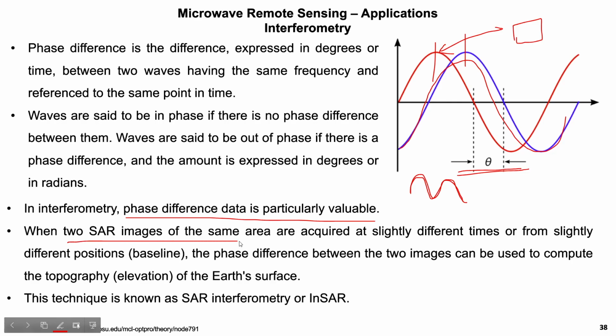When two SAR images of the same area are acquired at slightly different times from slightly different positions, but it should be the same position, the phase difference between the two images can be used to compute the topography of the Earth's surface. This technique is known as interferometry or InSAR.